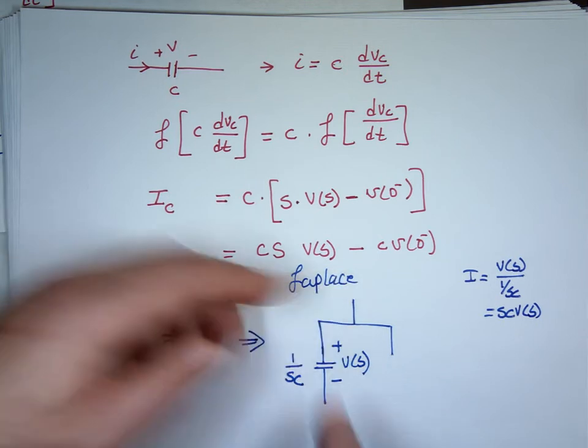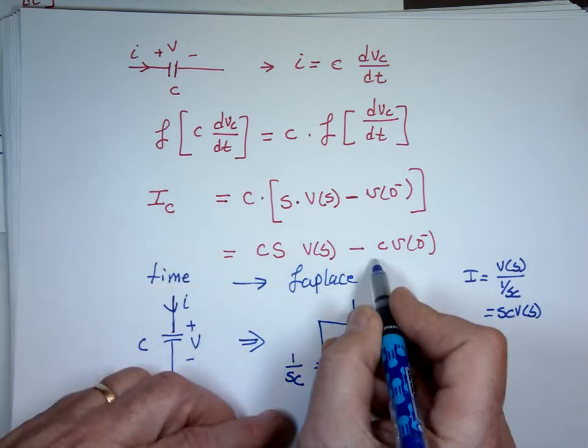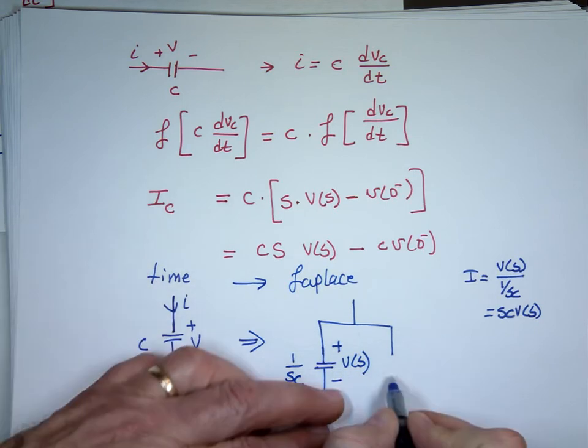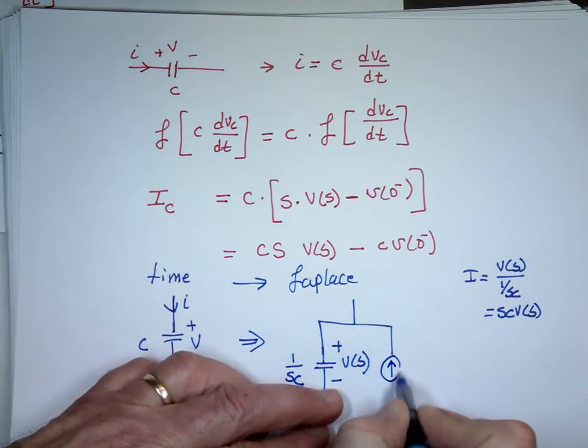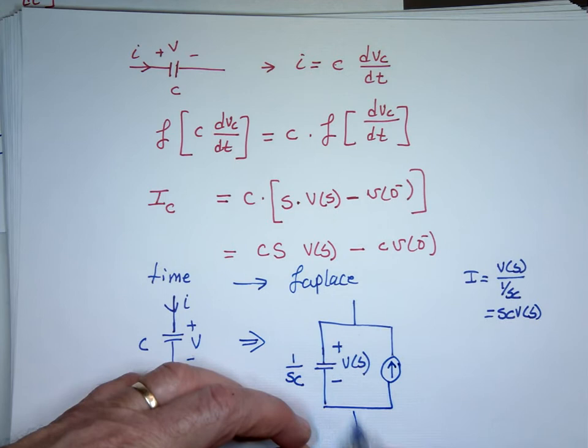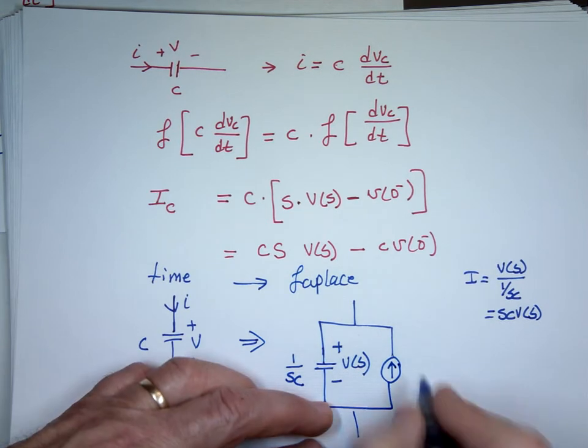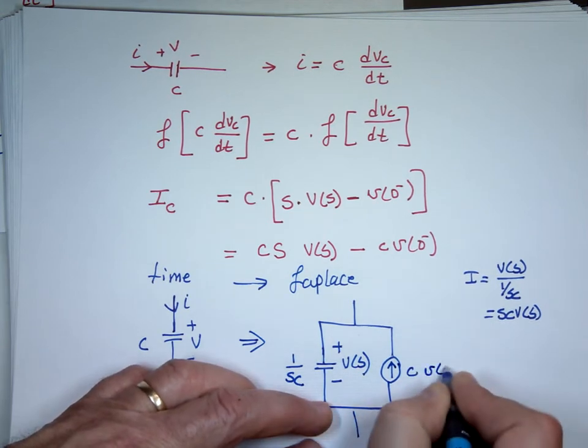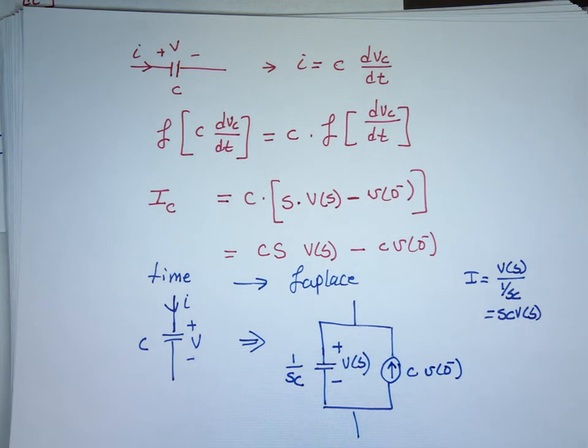This is the current coming down. You want to subtract from it. If you're going to subtract from it, that means there's a current source going upward. And what is the value of that? C times V sub 0 minus. So that's why we're interested in the derivative.